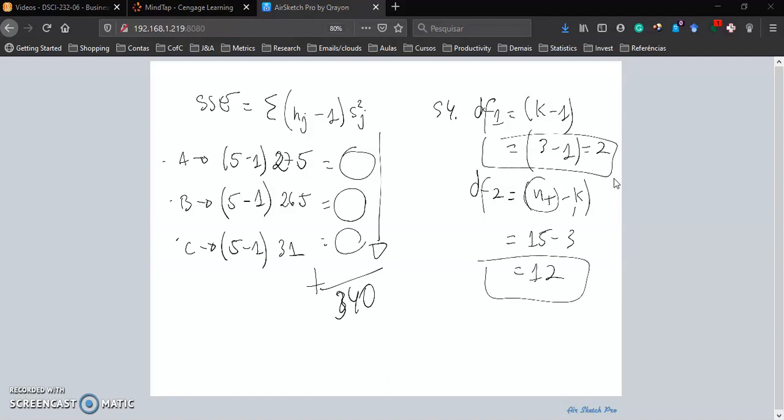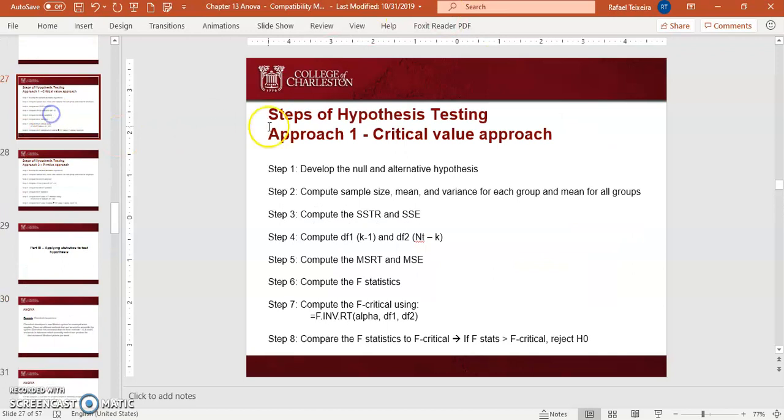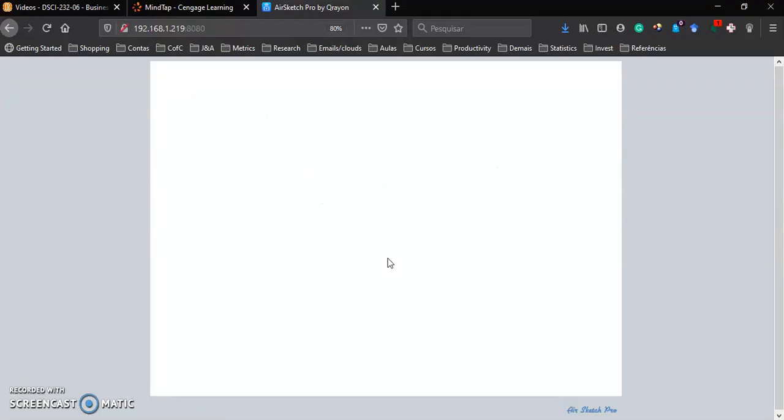These are my degrees of freedom 1 and 2. Okay, let's go back to my steps. I computed degrees of freedom. Now I compute the mean square due to treatment and mean square error. So step number 5: mean square treatment is equal to the sum of squares due to treatment divided by k minus 1, and mean square error is equal to sum of square error divided by total sample size minus k.